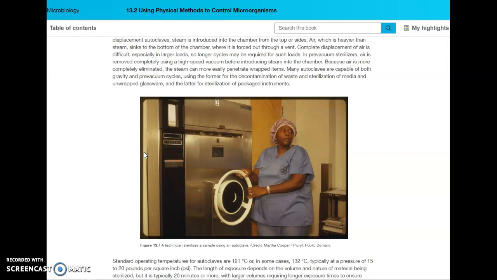When we look at sterilization using an autoclave, it depends on what material we're using and how much, but it's usually about 15 to 20 minutes. Smaller autoclaves don't take as long because they can get up to a higher pressure and a higher temperature more quickly. So we typically don't have to leave things in the smaller autoclaves as long.